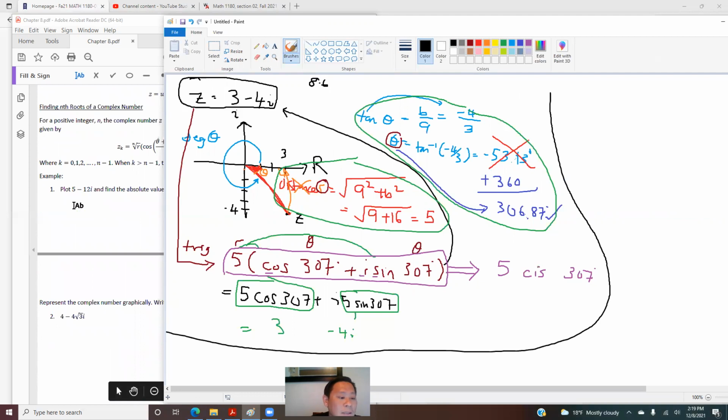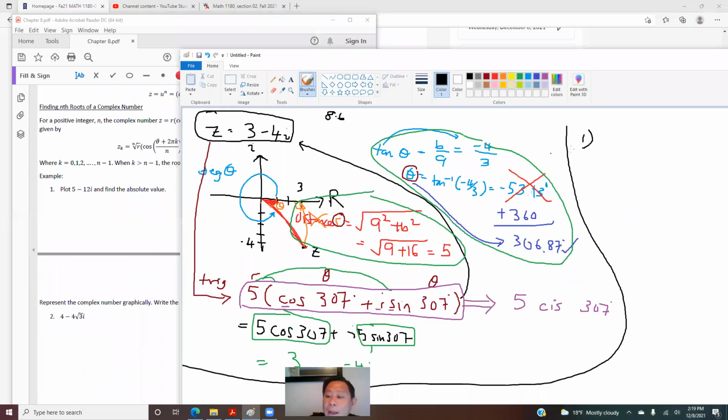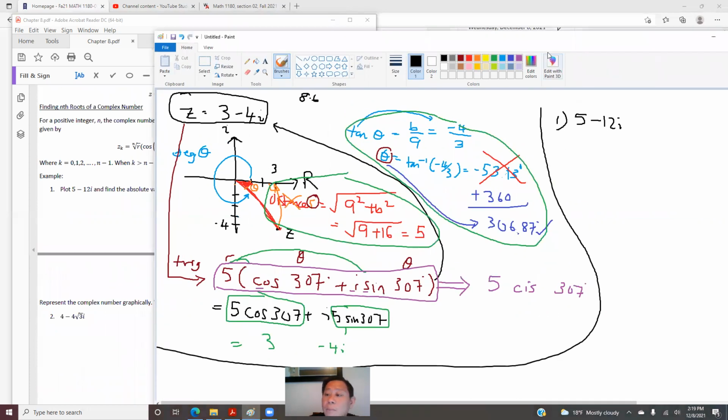So now let's do question 1. I want you guys to plot 5 minus 12i in the complex plane.